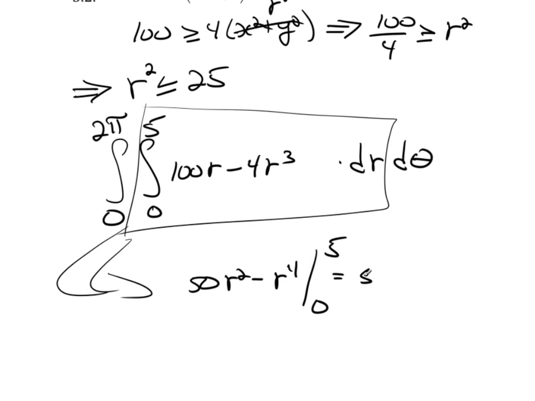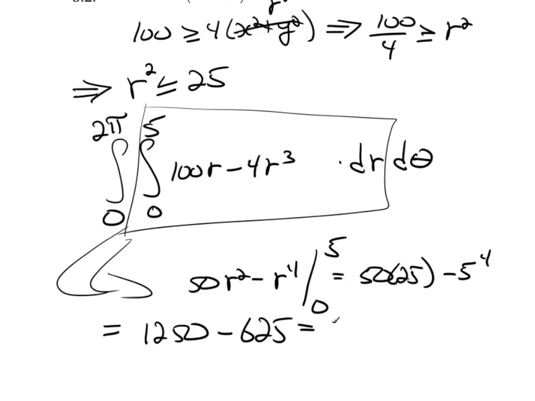So this is going to be 50 times 25 minus 5 to the 4th. See, what is that going to be? 50 times 25 is 1250, minus 5 to the 4th. That's going to be 625.